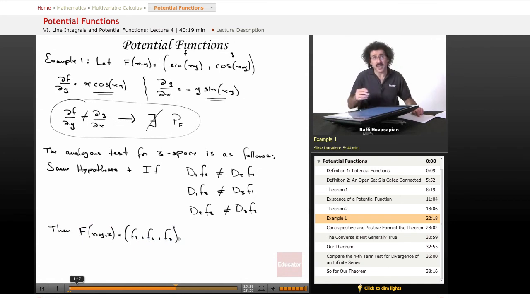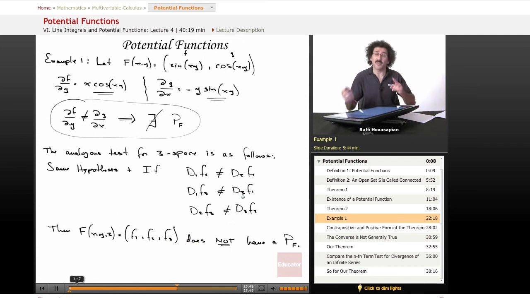So here, instead of using f, g, whatever, I'm just using first function, second function, third function, does not have a potential function. So let's go ahead and talk about this notation a little bit more.